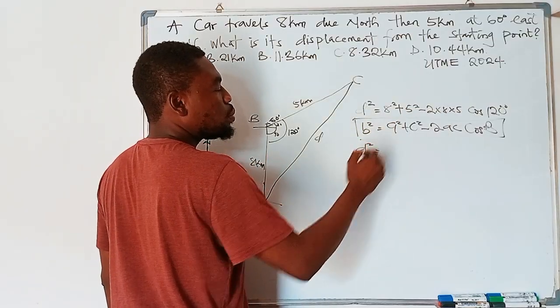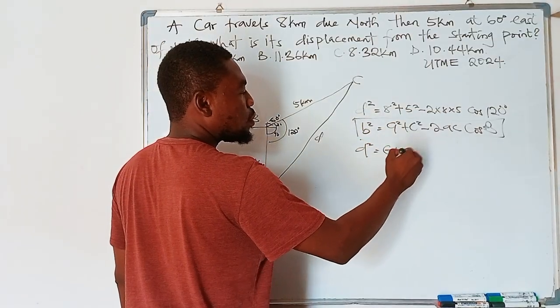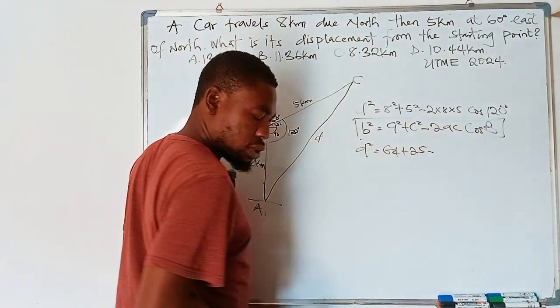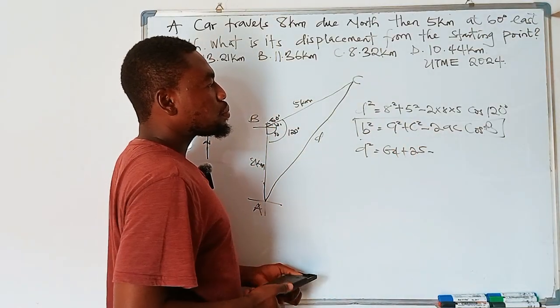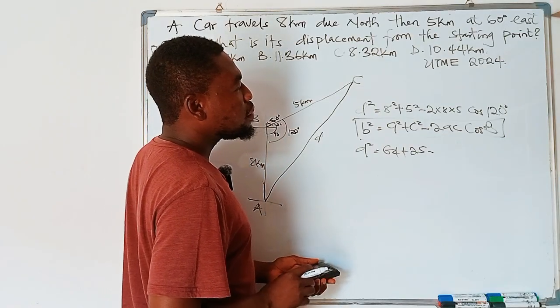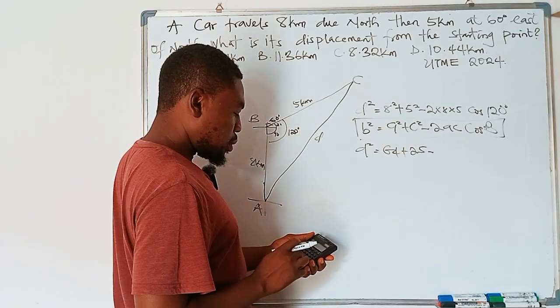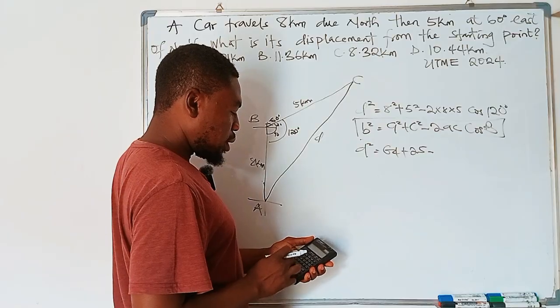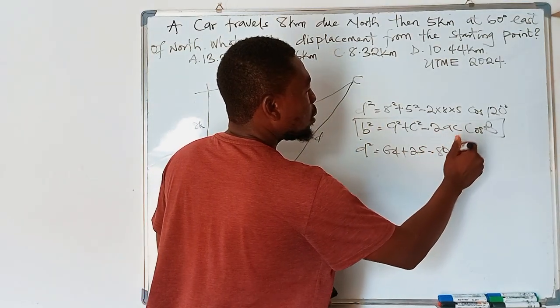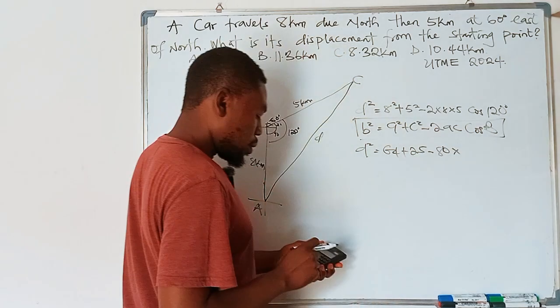So this is exactly what we're applying here. So D squared will be equal to, what is 8 squared? 64, plus 5 squared is 25, minus 2 times 5 times 8, which is equal to 80, cos 120.